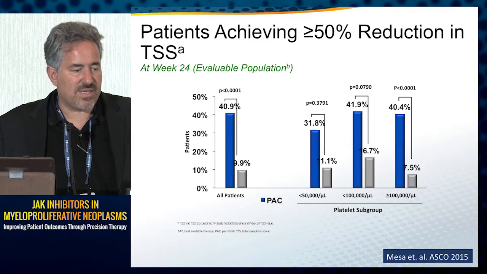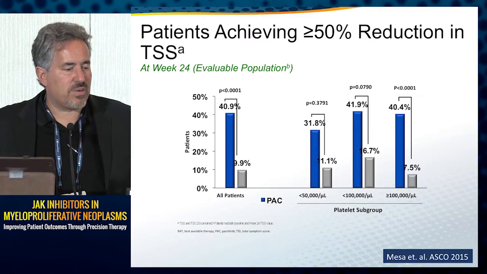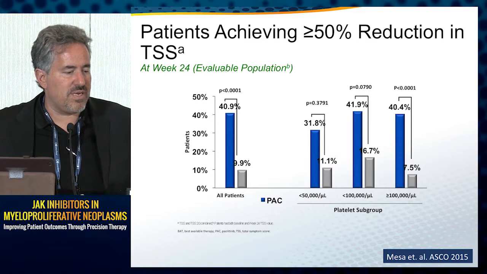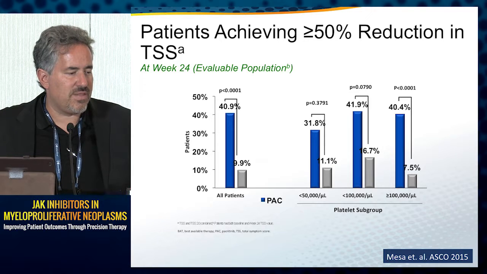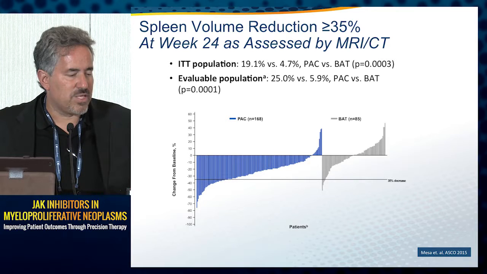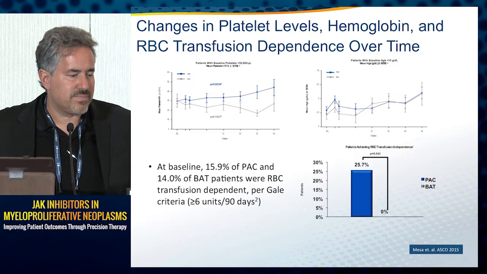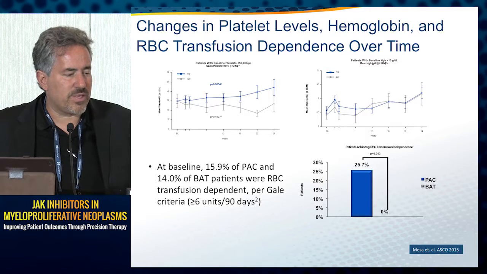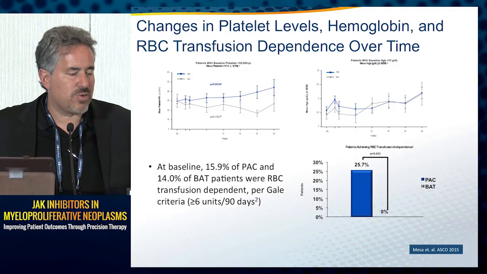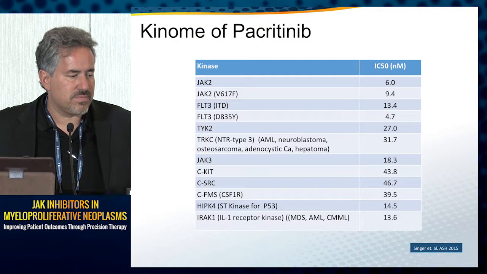We presented this at last ASCO and demonstrated ability to improve symptoms in individuals with marked thrombocytopenia, which is differentiated than the current opportunities that we have, as well as improvement in splenomegaly. And in individuals, we could see improvements in the platelet count as well as red cell transfusion dependence.